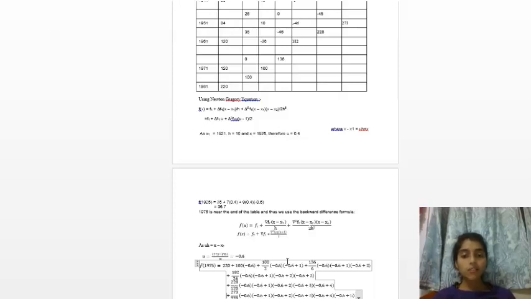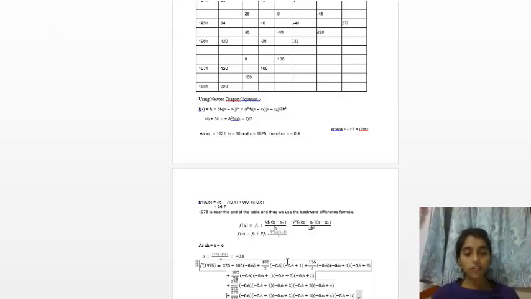The next year which is given is 1975. Since 1975 is located at the end, we will use here the backward difference formula.